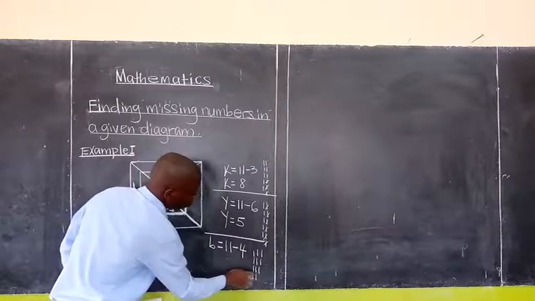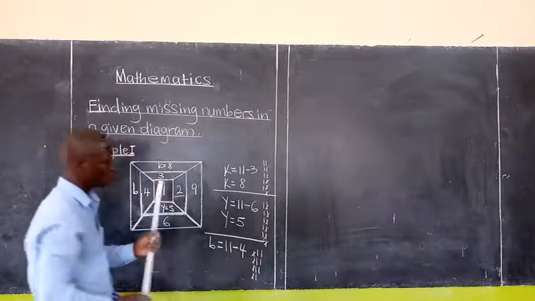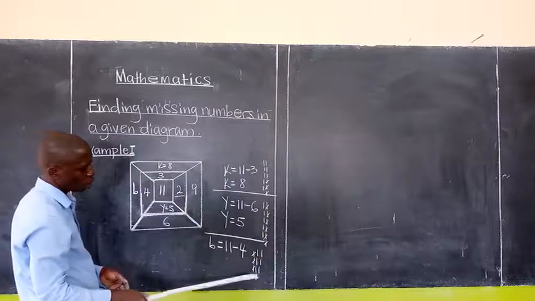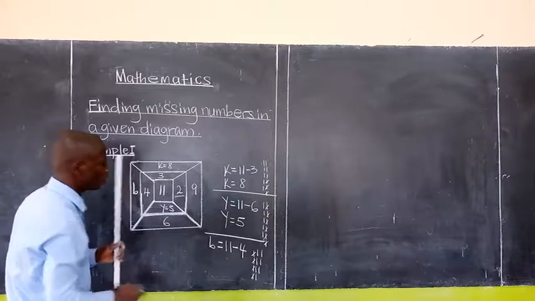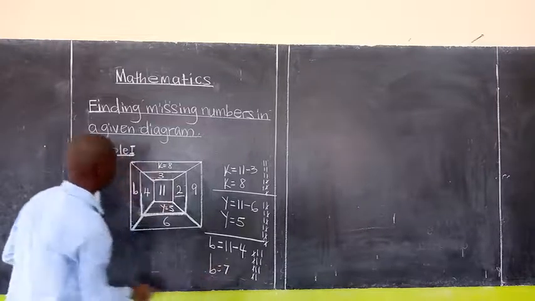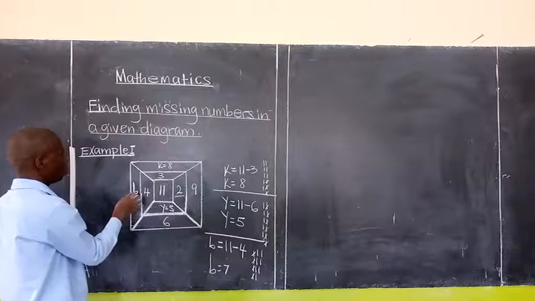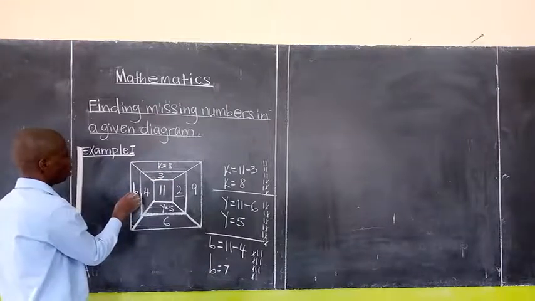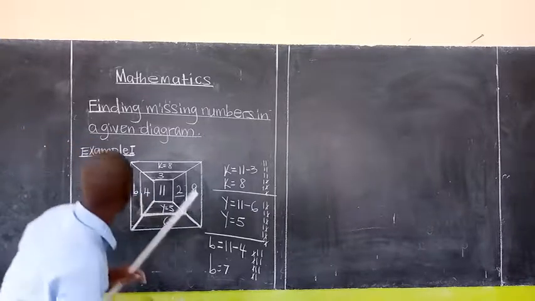So we are taking away 4. 1, 2, 3, 4. What do we have? 1, 2, 3, 4, 5, 6, 7. So our B is 7. So here we have 7. The value of B is 7.